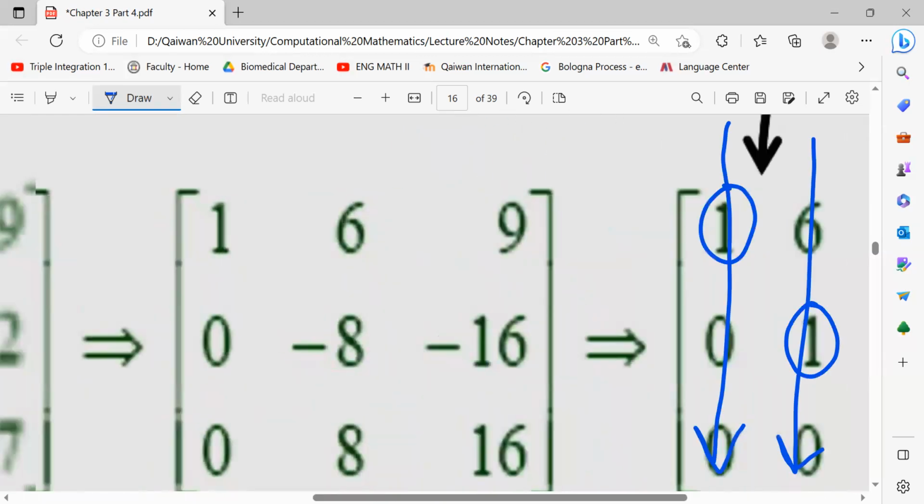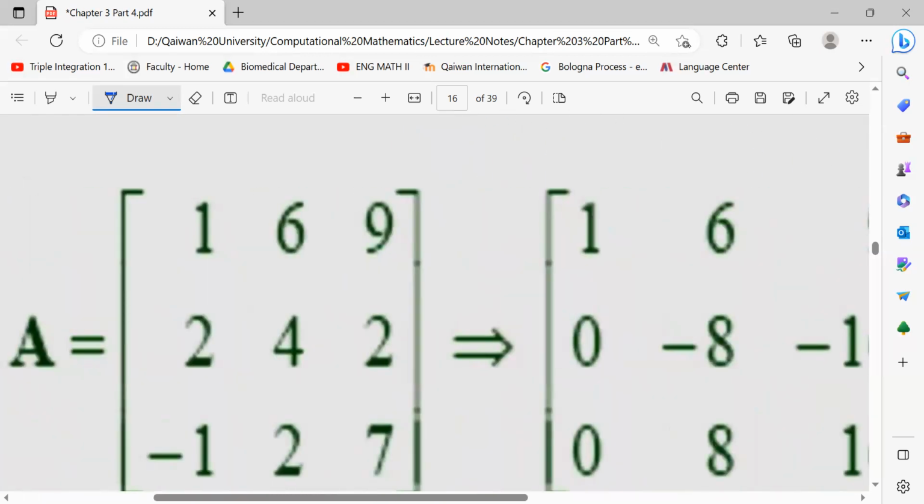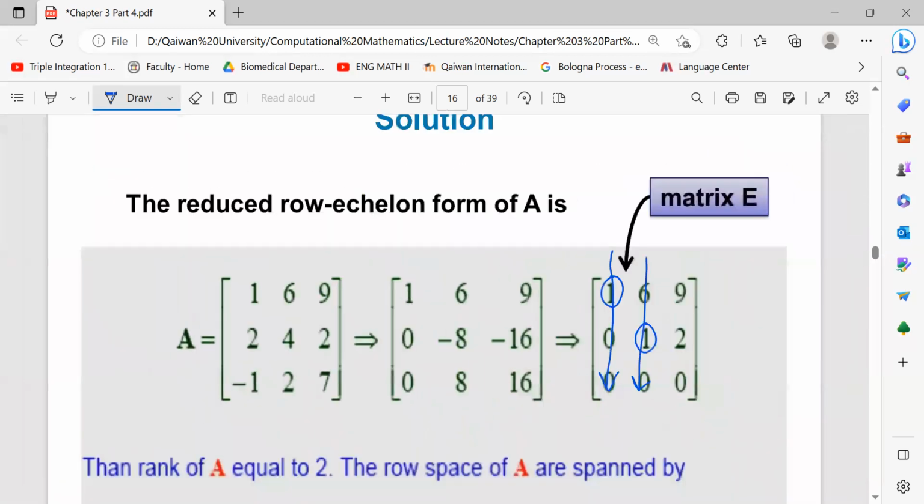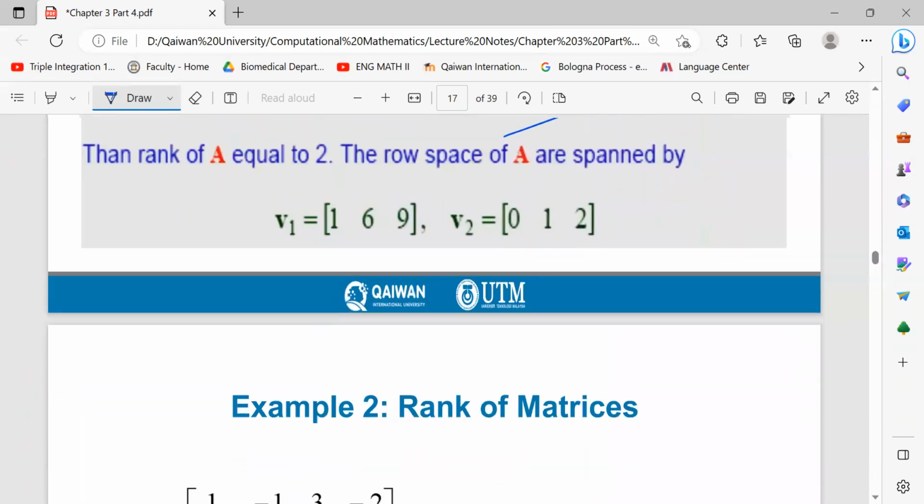We return to matrix A. We choose columns 1 and 2. So this column and this column are the basis for the column space. These two are bases for the column space. But for the row space, we directly choose from here. We just choose the non-zero rows. That's it.